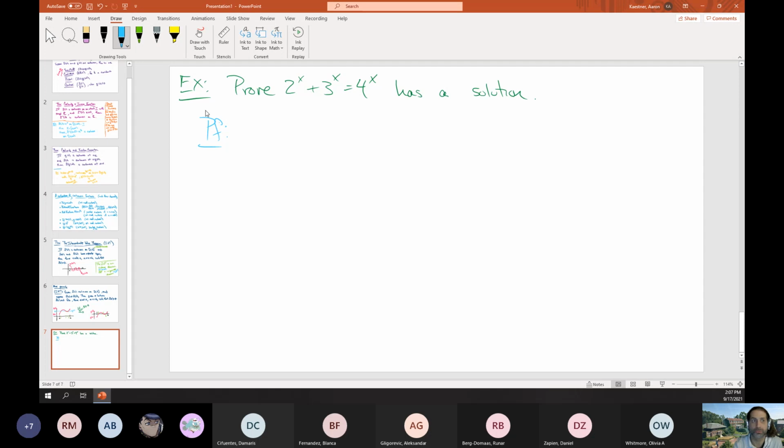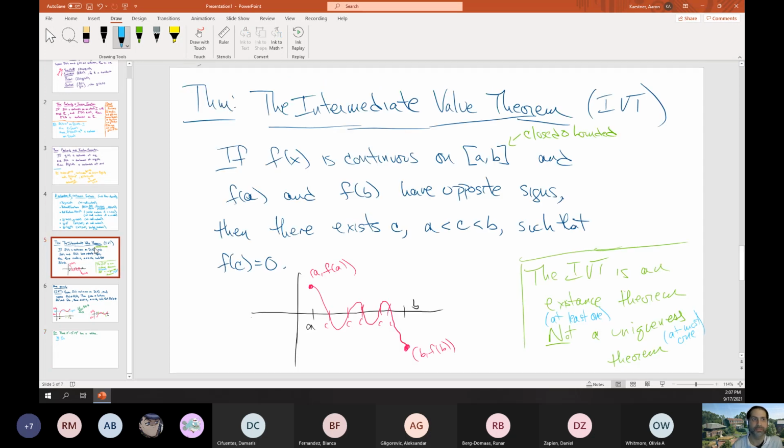So the first thing I want to do is find a function, right? Because the intermediate value theorem is about continuous functions. So let's find a continuous function that's useful in solving this. I'm going to take everything back to the original statement I had about the intermediate value theorem, about things being equal to 0. So I want to look at a continuous function where f of a and f of b have opposite signs.